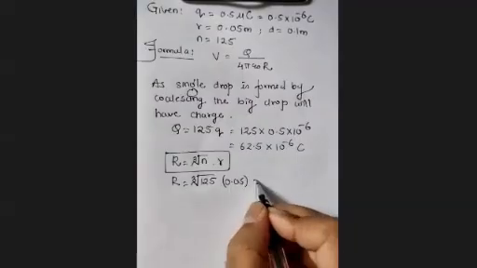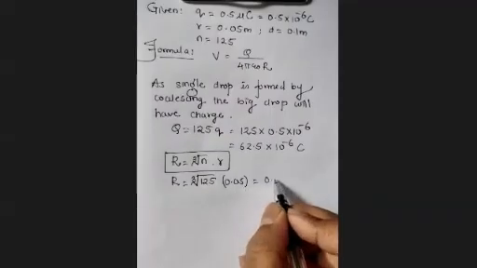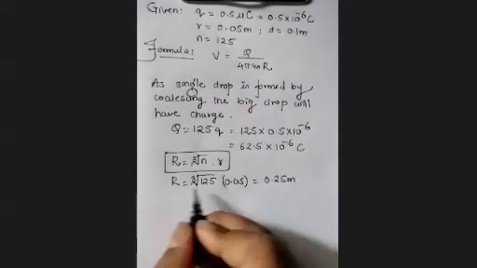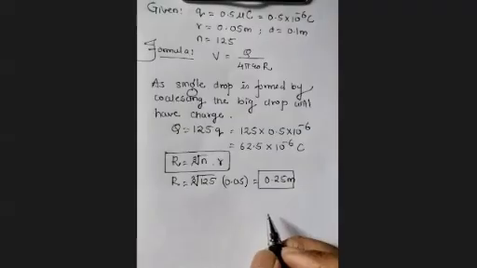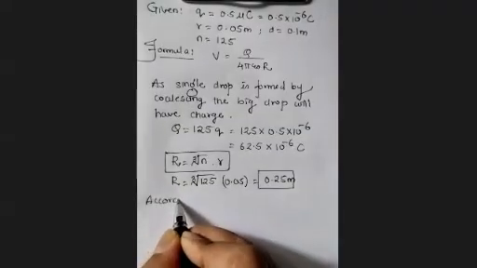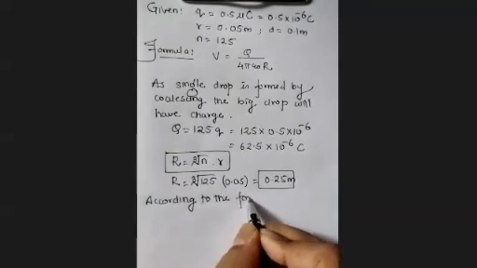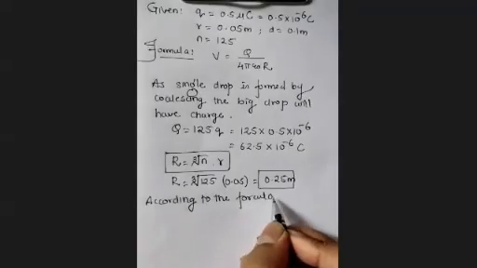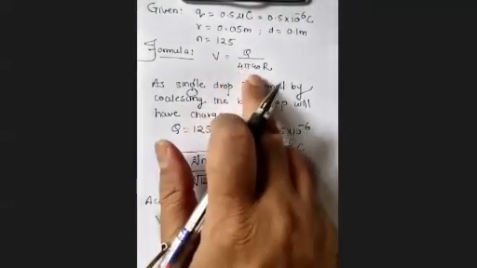which is equal to 0.05 meter. So this is 5 into 5, 25. So we can write it as 0.25 meter. So the capital R value is this much. So according to the formula, the calculation of V will be equal to 1 upon 4 pi epsilon naught.